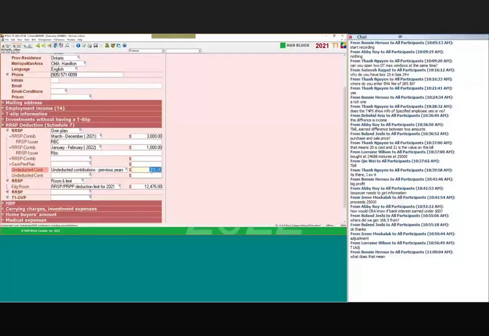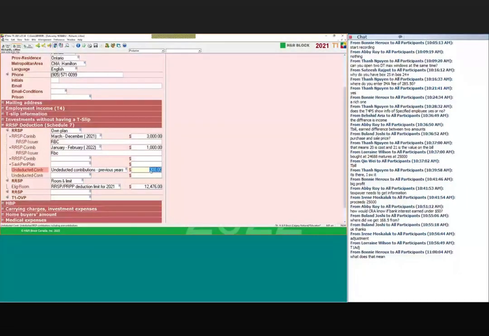I'm going to give you an example of how this is valuable. I had a client whose mother died and he had huge investment income. So he would go to his financial planner, and they couldn't figure out exactly how much RSP contribution to put in to reduce his taxable income to zero, because he had investment income and then he'd have a deduction of RSP. So he would put an amount in.